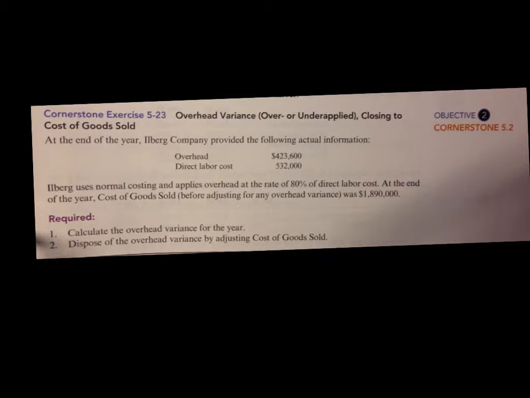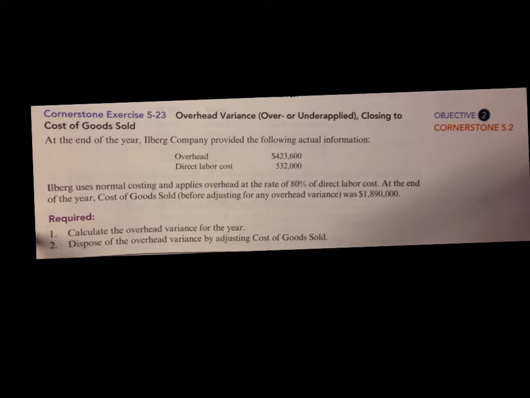When solving this problem, I considered the calculation for overhead variance, where overhead variance equals actual overhead minus applied overhead. Also, notably for part 2, where you dispose of the variance by adjusting cost of goods sold, you utilize the cost of goods sold, which is given in this formula.